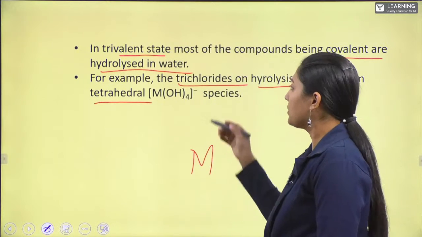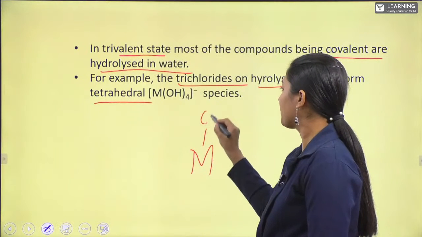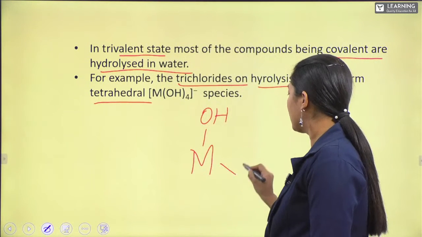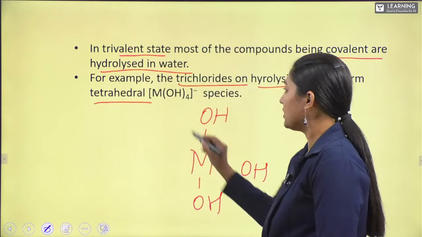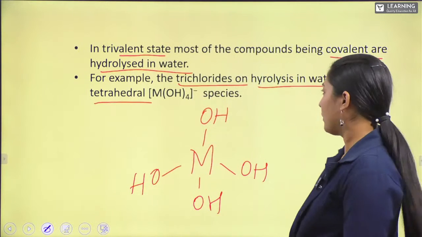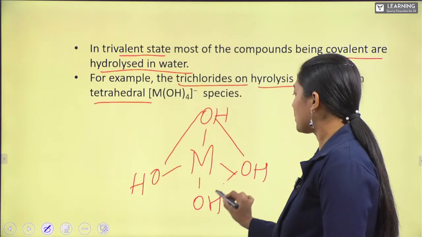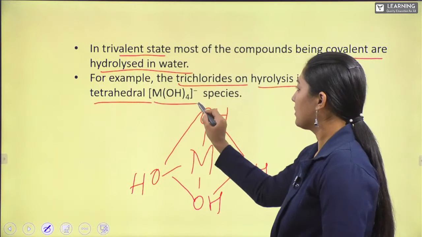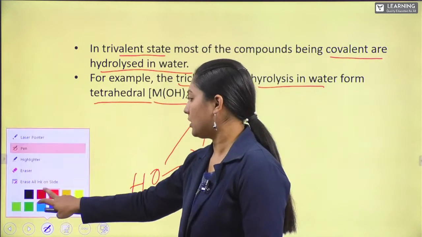If you mix the trichlorides into the water, you will get the hydroxide ions attached to this central metal atom. So it forms this tetrahedral structure of hydroxide. So we call it a tetrahedral species.